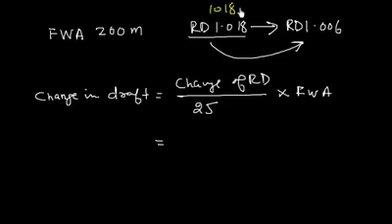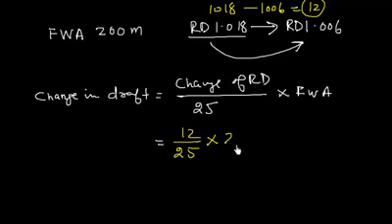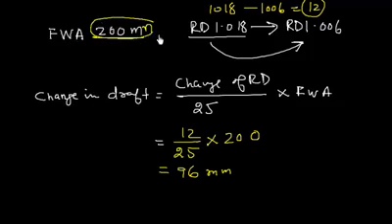So 1018 minus 1006 is going to be 12 only. I use this 12 divided by 25 multiplied by fresh water allowance, which is 200. So I get 96 mm. This fresh water allowance was also given in mm, 200 mm.